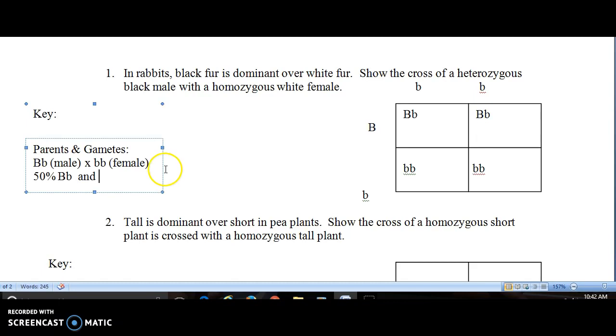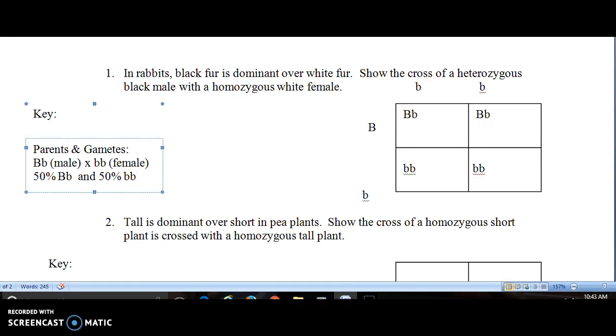And the bottom two squares over here, lowercase b, we have two of those. Each box represents 25% of a chance, so we have 50% chance of lowercase b. So for these parents, you would have half a chance of having black coloring as a rabbit and 50% chance of having white fur as a rabbit.